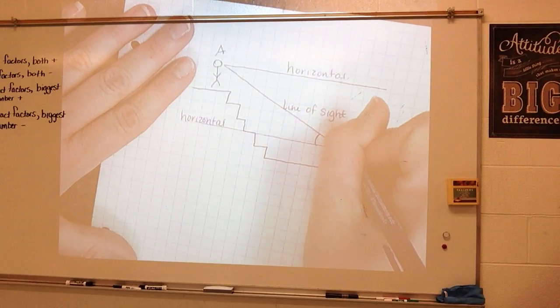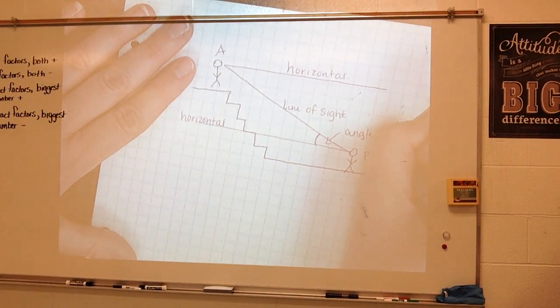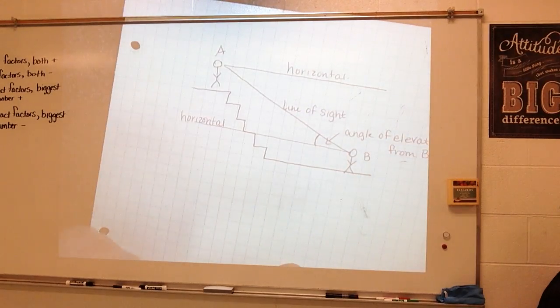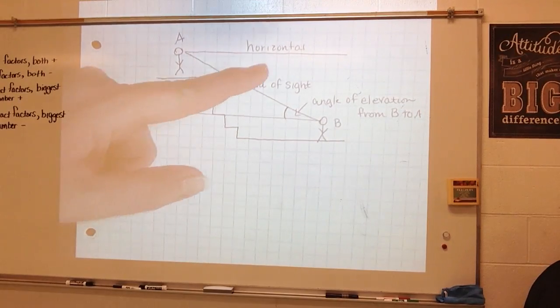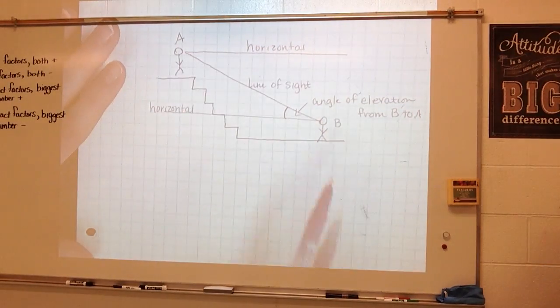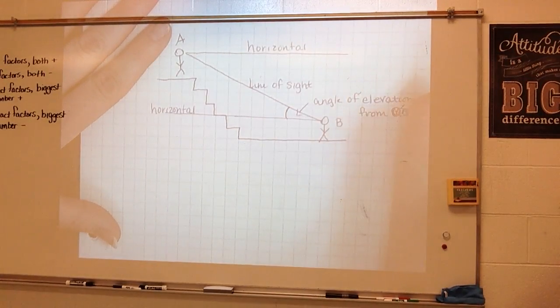All right, and we'll talk about why it's an angle of elevation. Because I am going from B to A. So elevation means up. All right, so I'm looking up. I'm going up. Their line of sight is going up. So this is the angle of elevation from B to A. I'm sorry, from A to B. I have that backwards. Sorry.